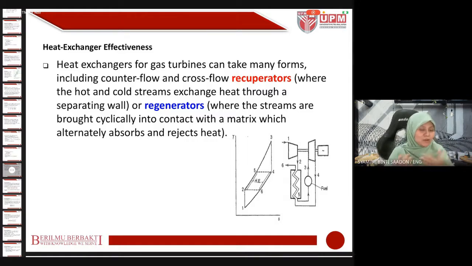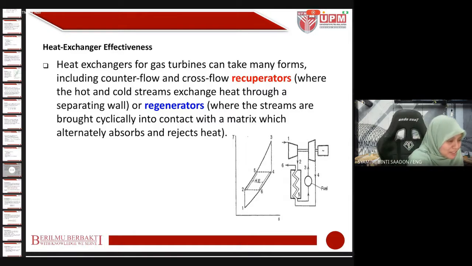Or a regenerator, where the streams are brought cyclically into contact with a matrix, which alternately absorbs and rejects heat. So the function of the recuperator and regenerator is somehow kind of the same.